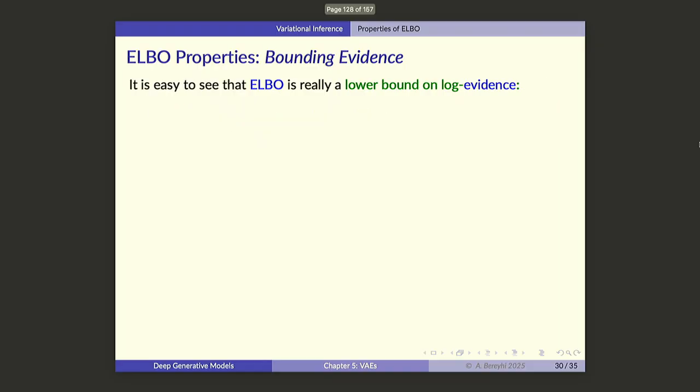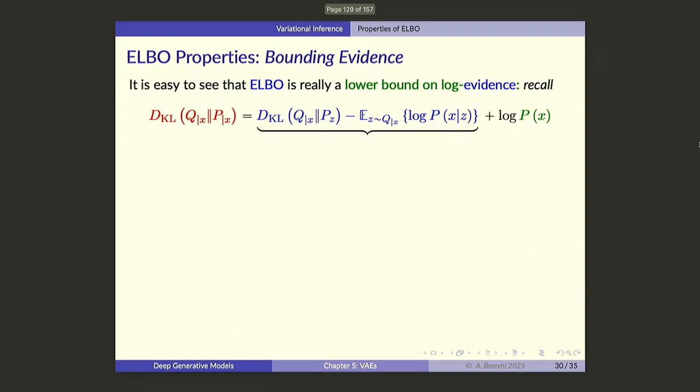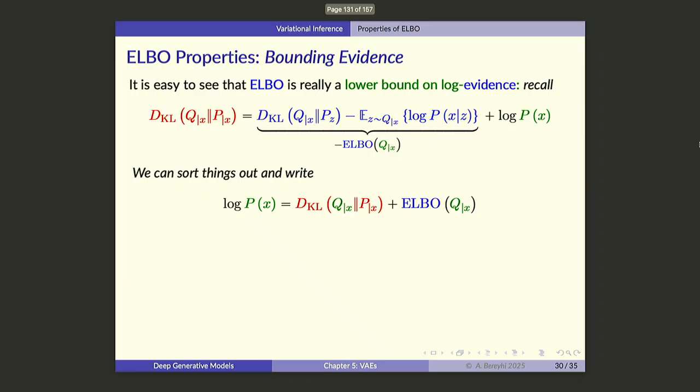Because ELBO is the log term minus the KL, and this is the KL minus the log, so this is minus ELBO. I'm going to write it down as minus ELBO, which makes the notation easier. Now if I play around with it, I keep the log of p(x), the log of the evidence, on one side, and I take ELBO to the other side. So the log of the evidence is the bad KL divergence plus ELBO, right?